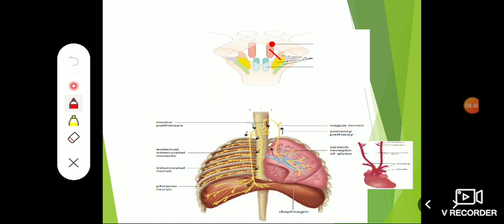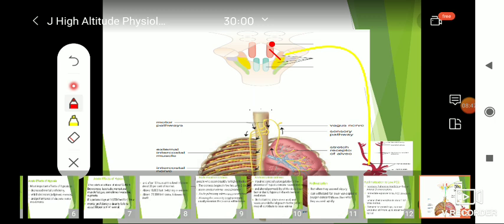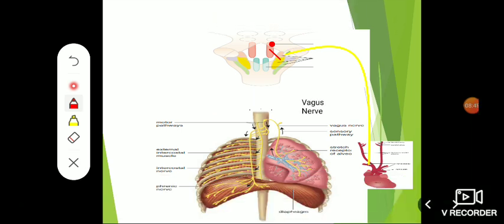Near the heart we have chemoreceptors: carotid bodies and aortic bodies. These are supplied by nerves, the vagus nerve and glossopharyngeal nerve. At the carotid and aortic bodies we have oxygen-sensitive potassium channels. We'll go into detail on arterial chemoreceptors later; for now, just remember these are O2-sensitive potassium channels.